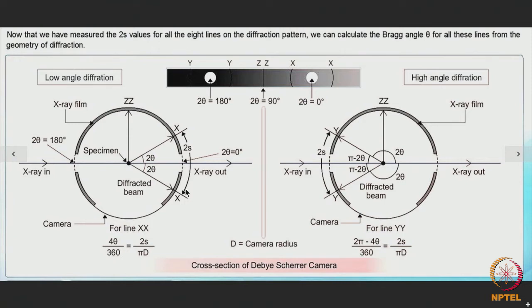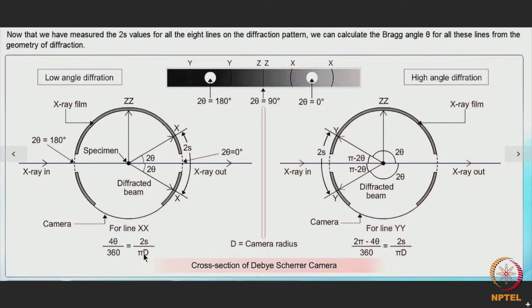Now, we can easily write this length, which is 2s, divided by the circumference, which is pi times D. D is the diameter of the camera. Here there is a mistake, it is the camera diameter, not camera radius.